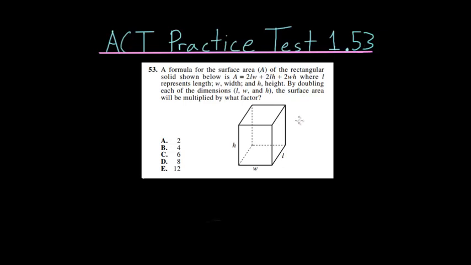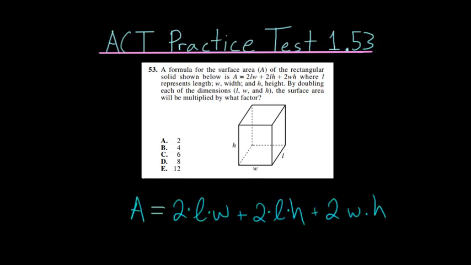So let's start first by just rewriting this equation for the surface area. If you're unfamiliar with where this formula comes from, it's not too complicated to rederive it. Anytime you're dealing with surface area, it's essentially just how much area all of the surfaces add up to in some kind of three-dimensional object.